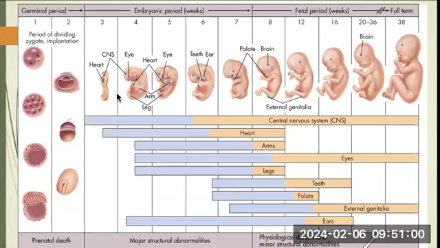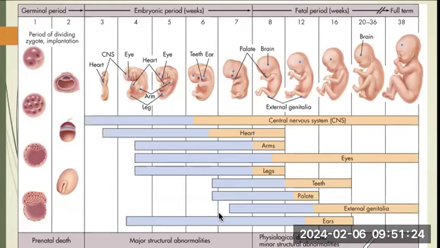So this chart shows the different organs and at what point they start to develop. It starts with the heart, central nervous system, eyes, arms, legs. And so in many situations, a doctor can tell if there is something abnormal about a baby. They can tell at what point in development the mom was exposed to something, right?